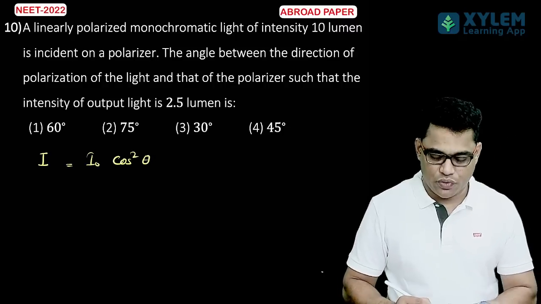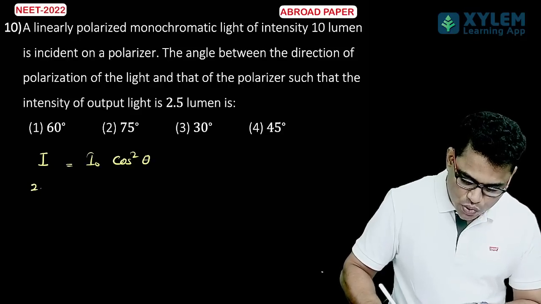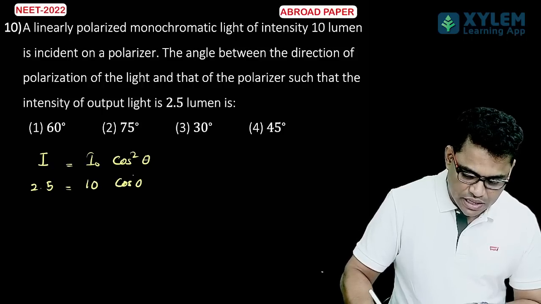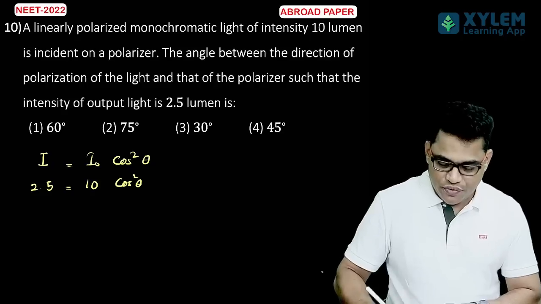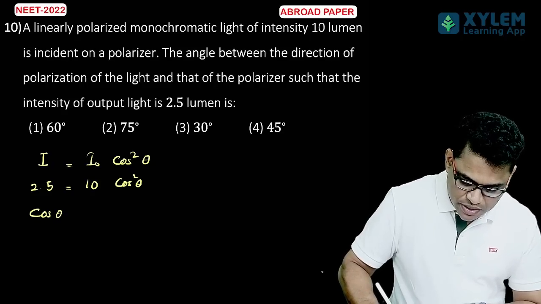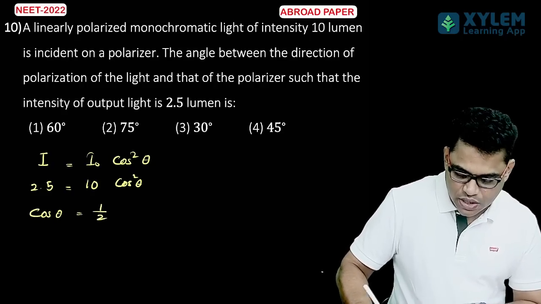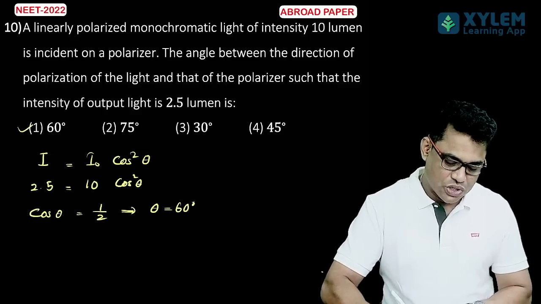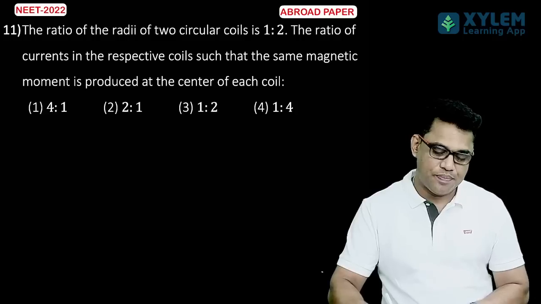Here theta is what we want to find. I is given as 2.5, I0 is given as 10. From here, you know cos theta turns out to be 1 by 2. Therefore, theta is nothing but 60 degree. Option 1 is right.